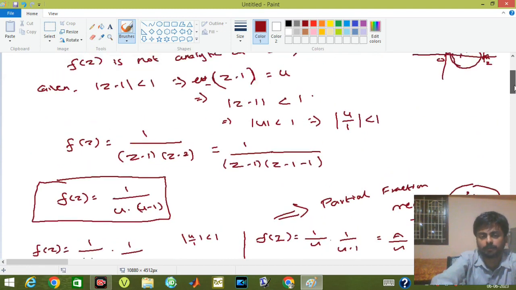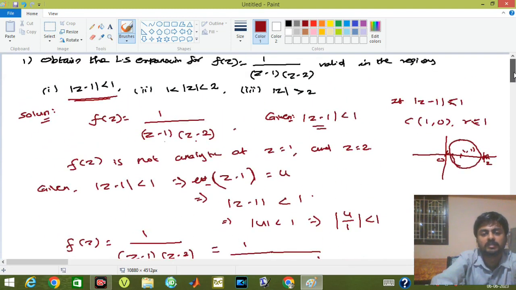Now, the second thing we want to evaluate is 1 less than modulus of z less than 2.